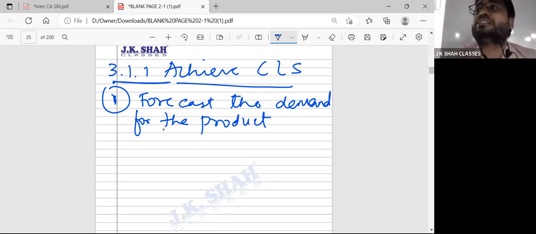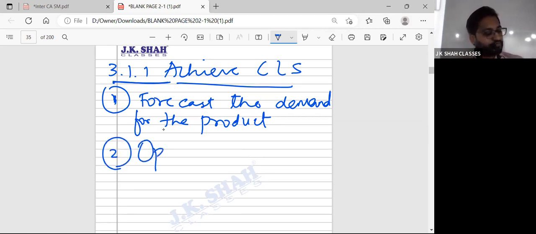Forecasting the demand means trying to estimate: in this financial year, we are going to sell 1,20,000 units, or in this year, 2 lakh units. If you know that quantity, you will plan your production accordingly. This is your first point. So if you want to reduce your cost, forecast the demand for the product. Predict, estimate how much you are going to sell in this financial year.